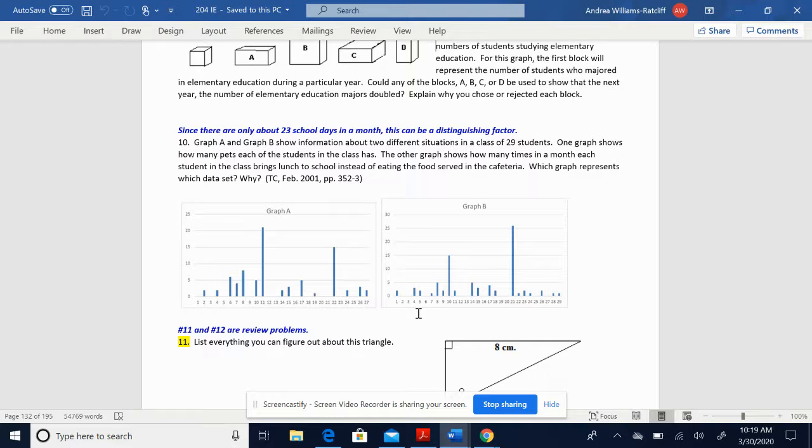I see that I've got down here 29 individuals, and when I'm looking at these graphs, one of these is either telling me how many pets they have or how many times in a month they bring lunch to school instead of eating food served in the cafeteria. So what do you think?